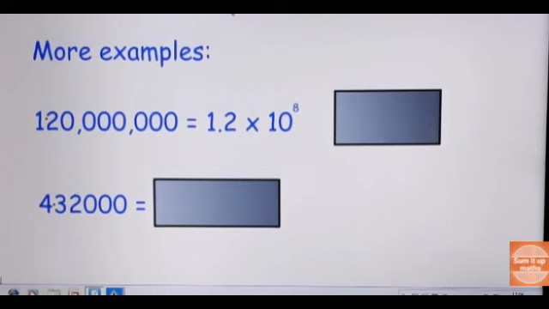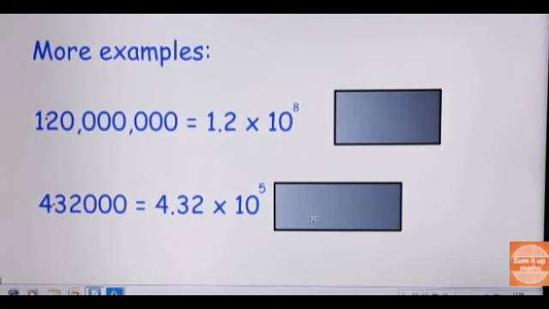So this number written in standard form will be 4.32 times 10 to the 5. Now when we look at these, we can look at the powers of 10 and instantly know that this number is smaller than this number, because this is 10 to the power 8. Although it's only 1.2, it's 1.2 times 10 to the power 8, whereas this is only times 10 to the power 5.